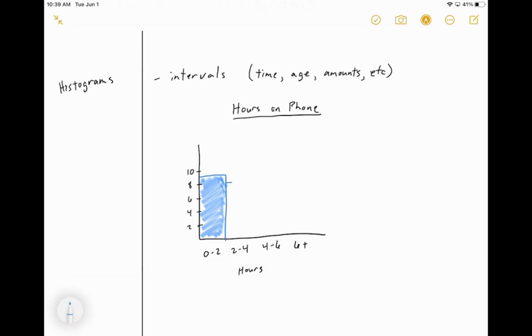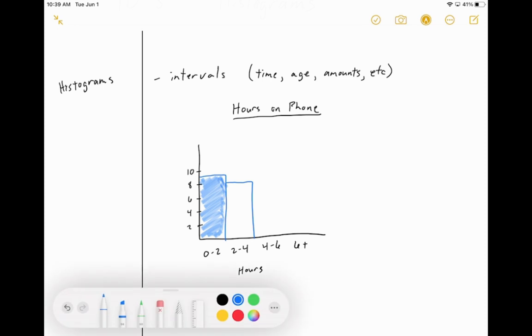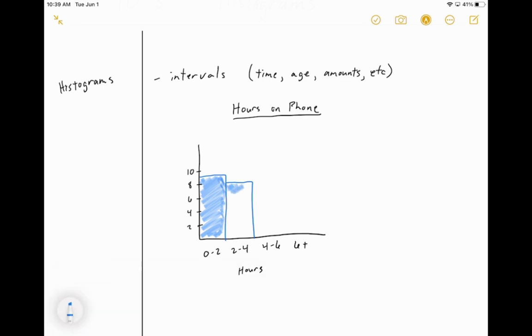So I'm going to draw this right here, which is 8. So there's 8 people. From 4 to 6, I had 6 people.